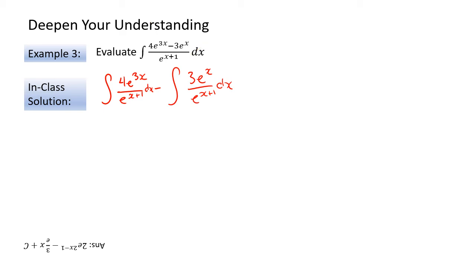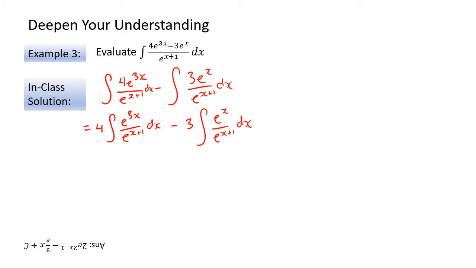So now, what I'm going to do next is remove the constants. So move them out of the integral. So we have 4 times the integral of e to the 3x over e to the x plus 1 minus 3 times the integral of e to the x over e to the x plus 1.